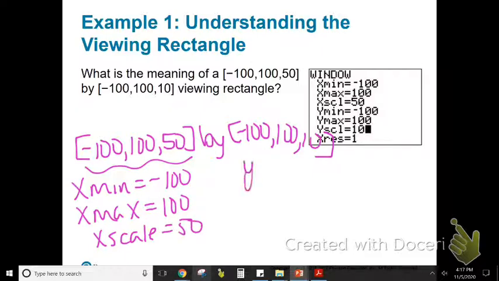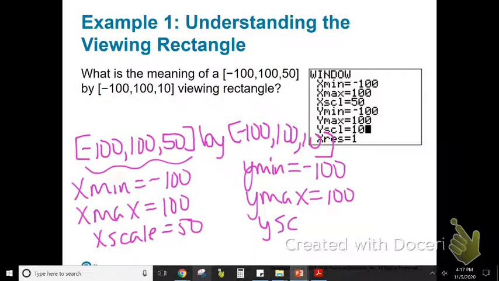This one tells me my y minimum is negative 100, my y maximum is positive 100, and my y scale is by tens. So the y-axis is going to count 10, 20, 30, 40, where the x-axis is going to be counting 50, 100.